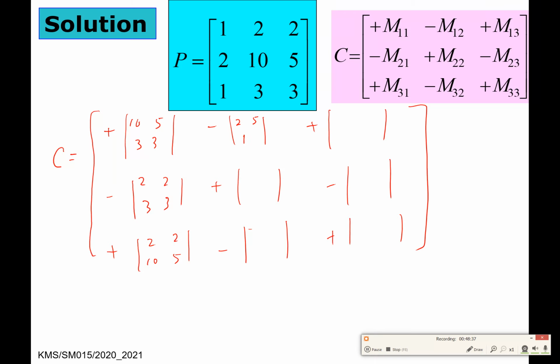Then this is 3, 2. 3, 2 is 1, 2, and 1, 3. Sorry, this is here.